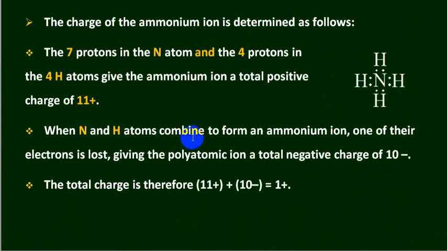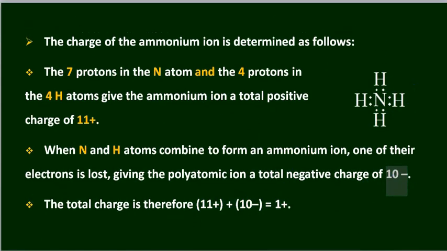When N and H atoms combine to form the ammonium ion, one electron is lost. The number of electrons should be 11, but 1 is lost, so it will be 10, so the charge is -10. The total charge is therefore +11 plus -10 equals +1.